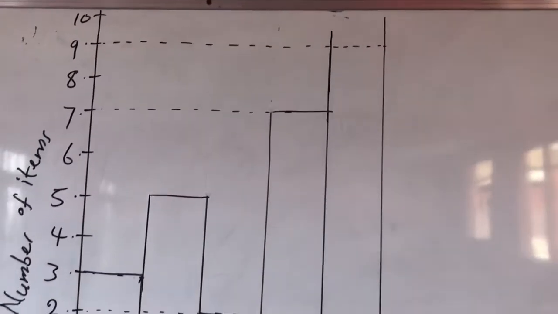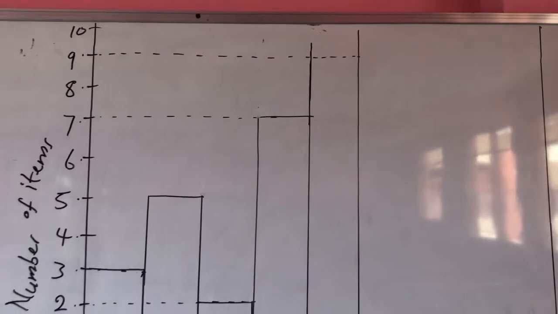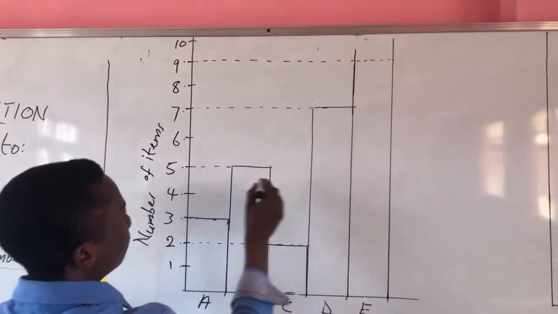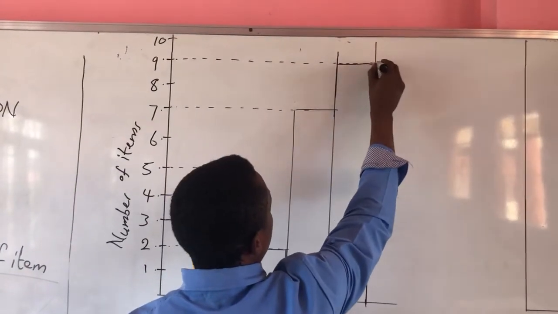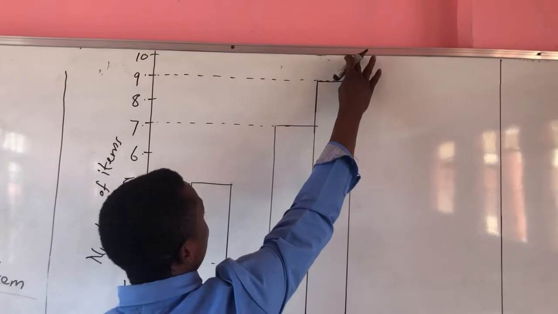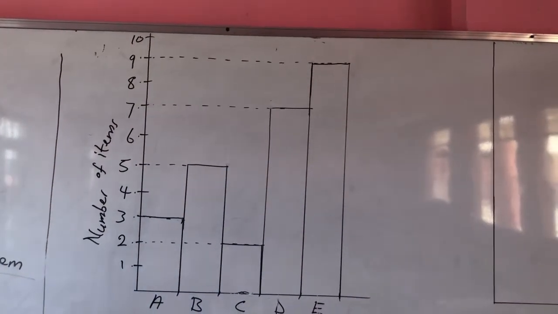Look at it carefully. This is what? 9. So you clean the excess lines. Okay, this is what we are asked to do.